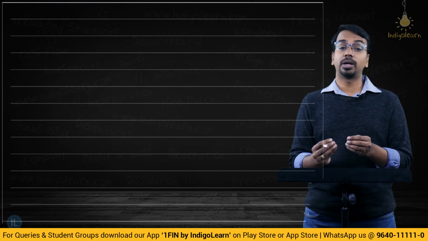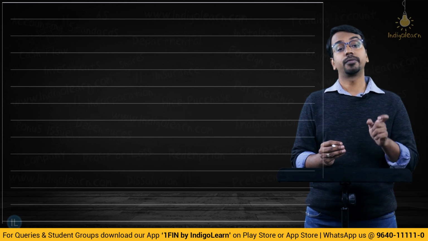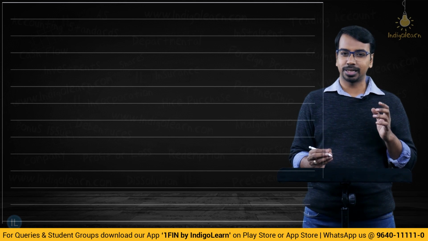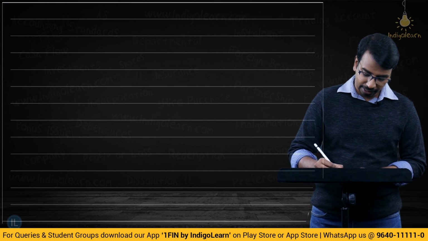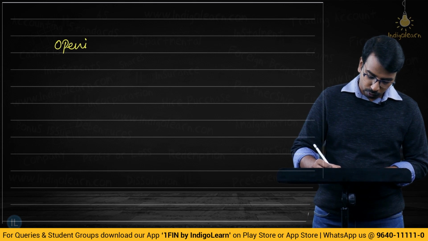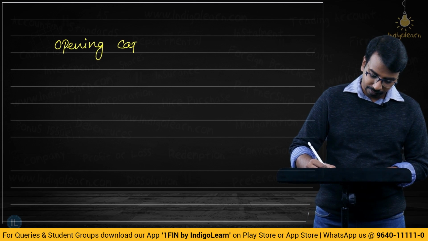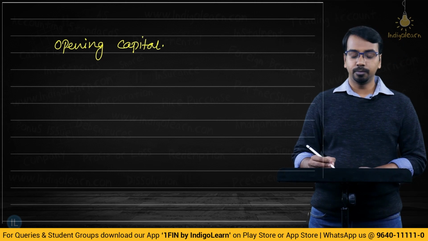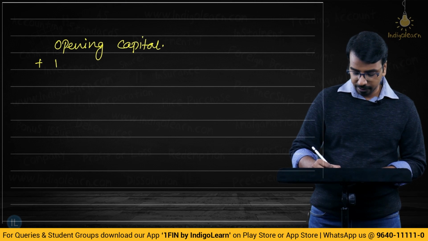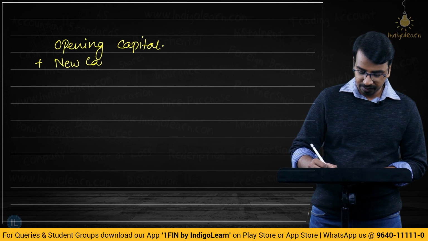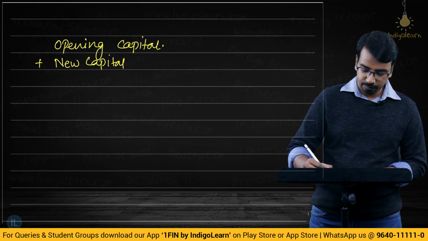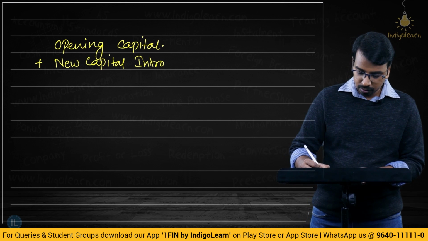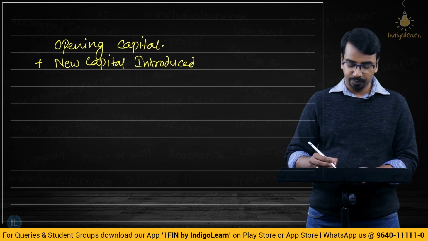Now again, I would like to recap what we learned under the double entry system. What do we normally do? We have opening capital. To this you will add new capital introduced, right?